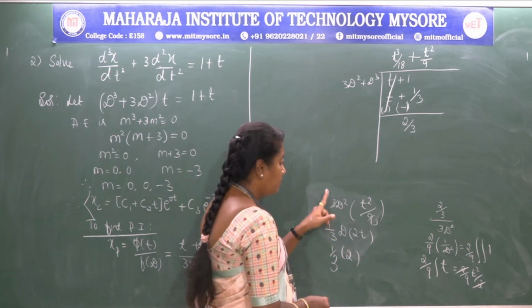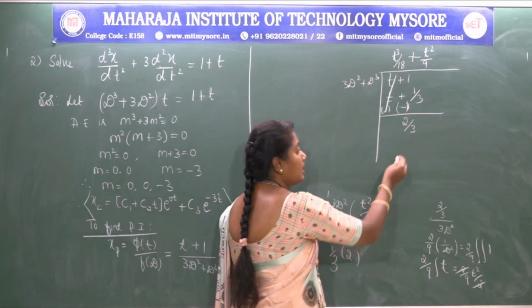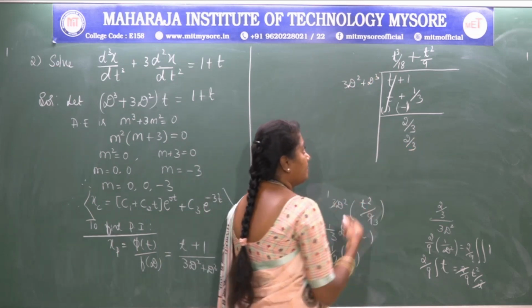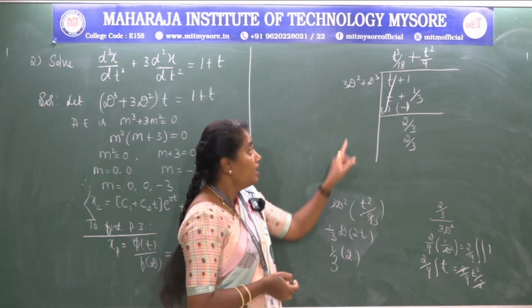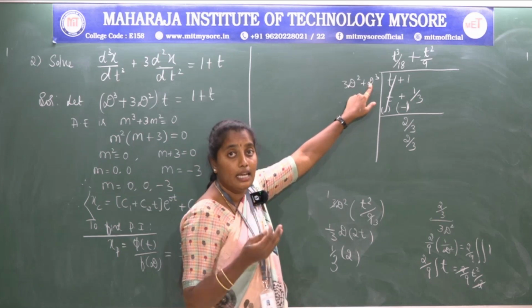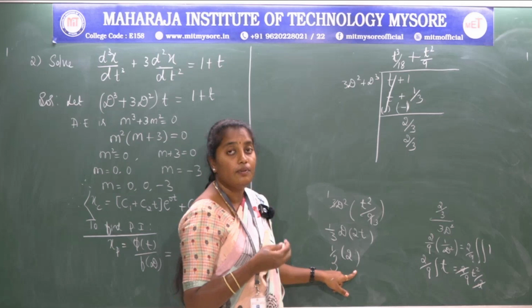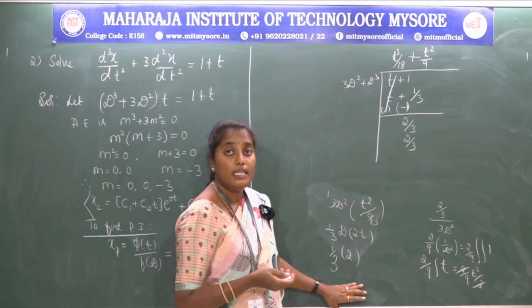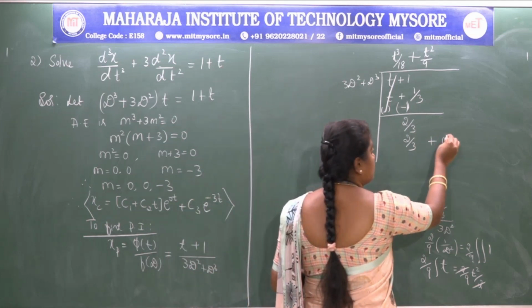So differentiating twice into 3, t square by 9 is 2 divided by 3. On differentiating twice, we get a constant term here. Here we have to differentiate 3 times. On differentiating 3 times, we get 0 here. Since this is a constant term, the next element is 0.